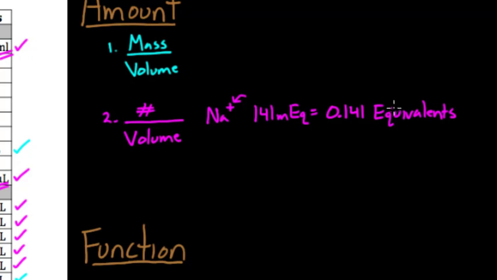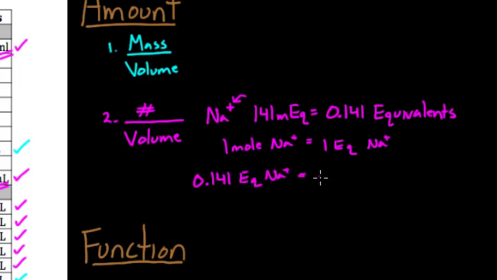And we know that because sodium has just 1 positive charge, that in terms of equivalents, 1 mole of sodium equals 1 equivalent of sodium. Therefore, if I have 0.141 equivalents of sodium, I have exactly the same number, 0.141 moles of sodium.